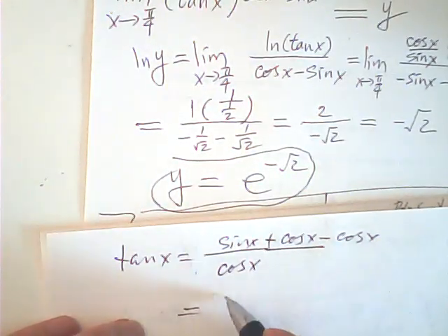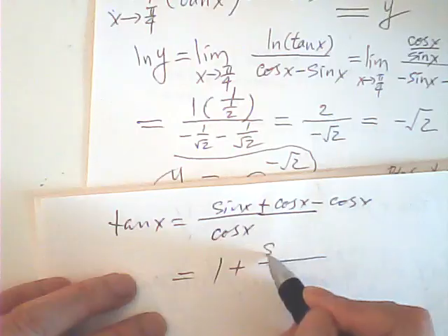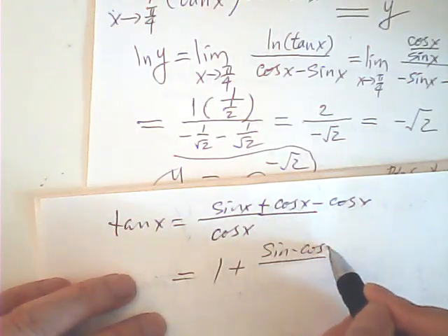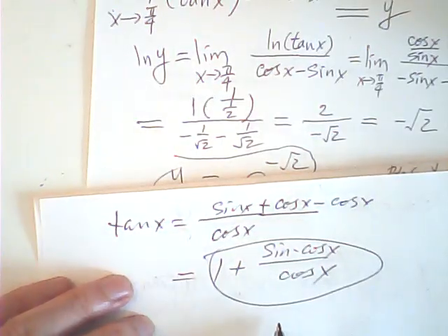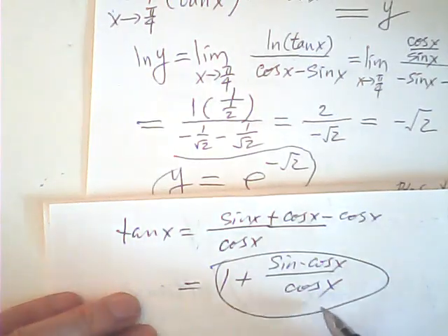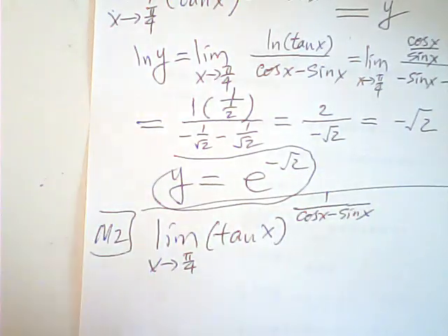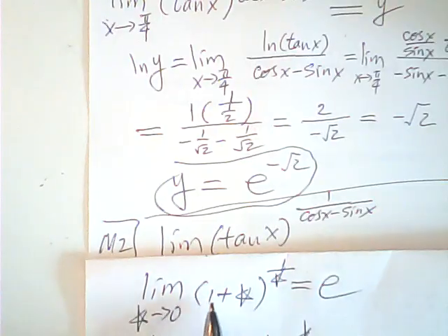So this is 1. See, I have a 1 plus sine minus cosine over cosine. See, that is tangent. The reason I'm writing this way is because I want to use the formula. See, I have a 1. I want 1 here.